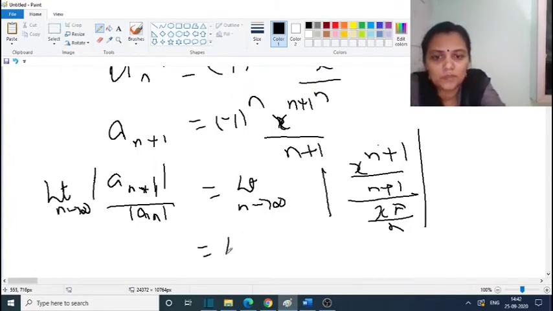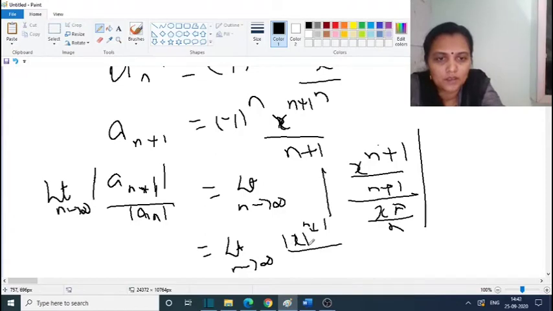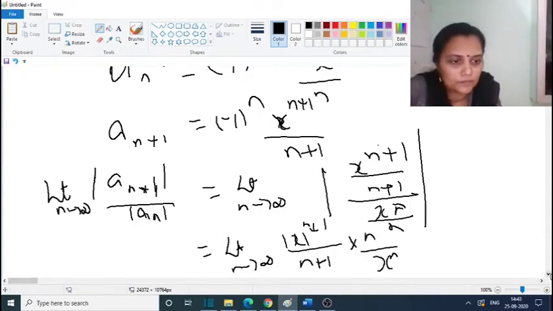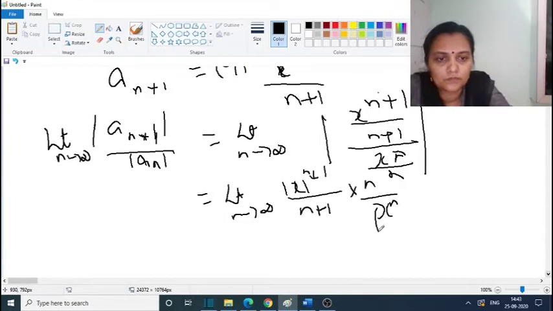Which is equal to limit n tends to infinity x raised to n plus 1 by n plus 1 into n by x raised to n. So we can cancel these two terms.